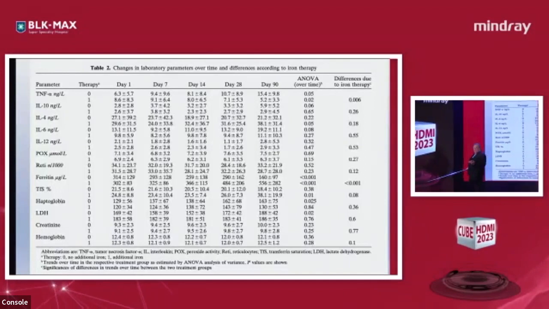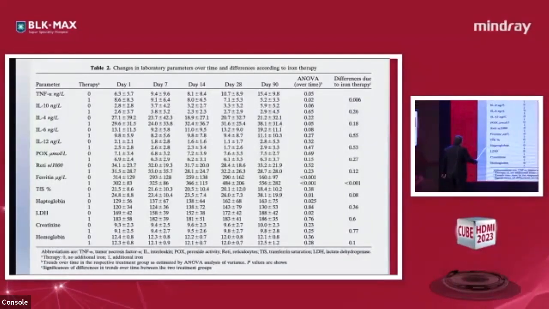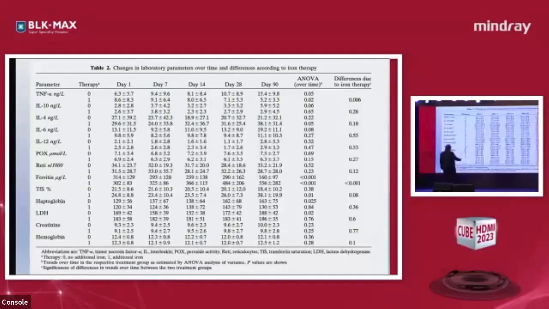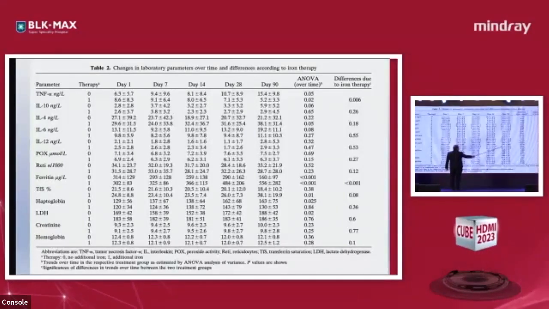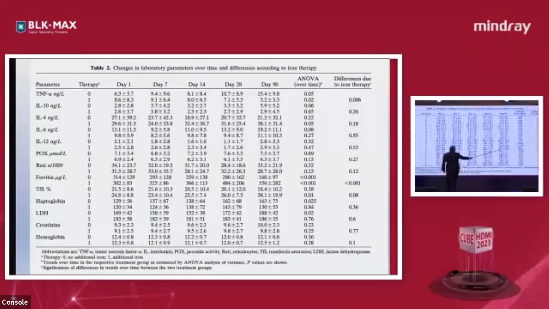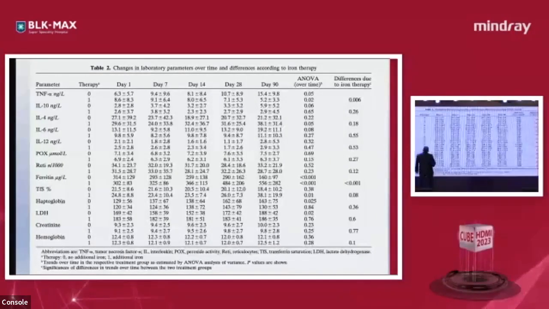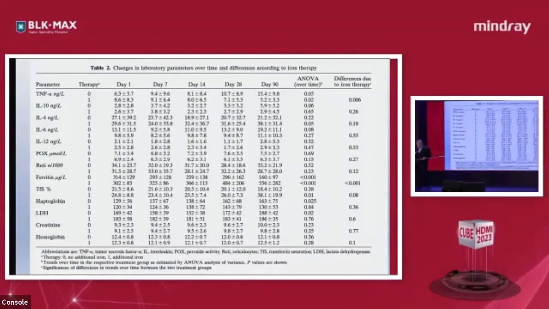We don't need it, even if the transferrin saturation is low, because believe me, look, the transferrin saturation in the group of no iron is 18. In the group of iron it is 38. Here, the transferrin saturation shows that there is a lack of iron, but the hemoglobin is the same.